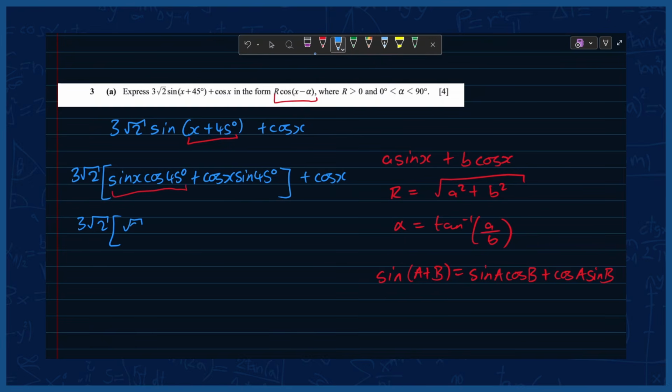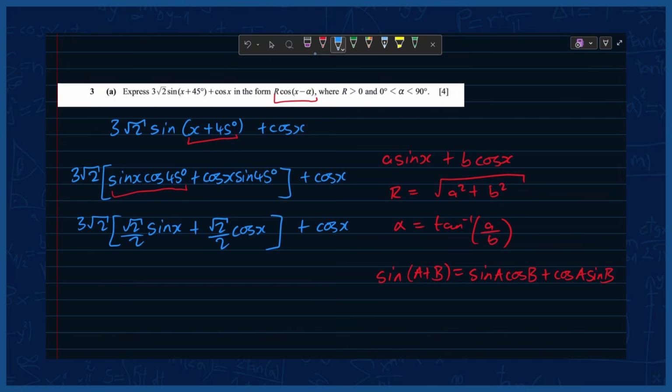And then I want to also evaluate sine 45 degrees. If I'm not mistaken, it's the same as cos 45. Yes, it is. So this is also root 2 over 2, but it's multiplying the cos x. And we've got a cos x adding outside.